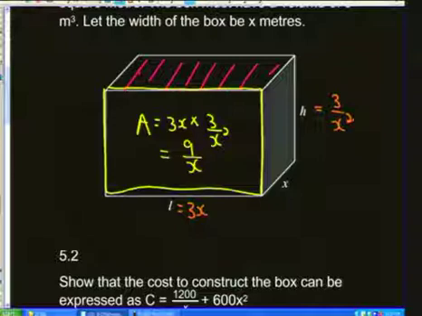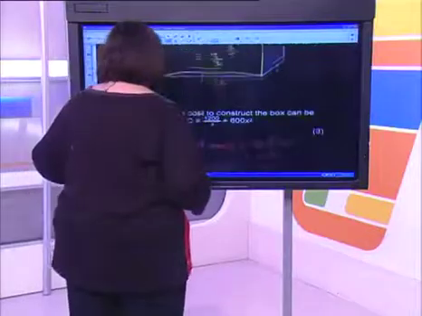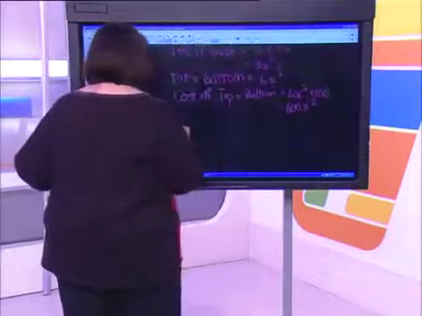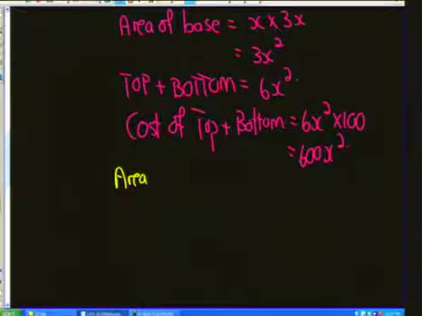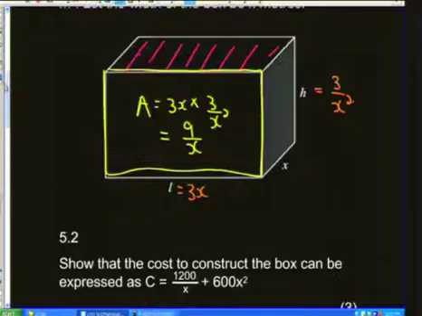Now, I know that the area of this front one, 9 over x, would be the same as the one at the back. So the area of the front and the back is going to be 2 lots of 9 over x.